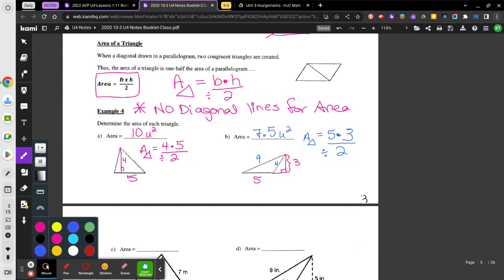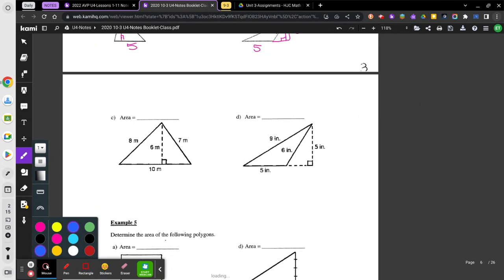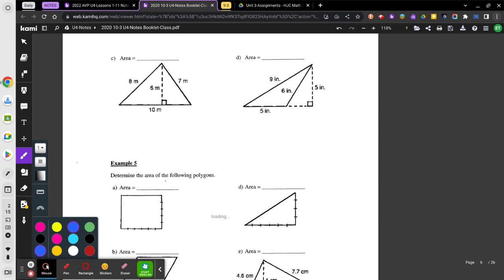Turn your page. We're almost done this one. So again, on these triangles, the first thing you do with any triangle, we are going to cross off the diagonal lines. We never use the diagonal lines. We only use the base and the height, never the diagonals. So this one, I'm going to take 6 times 10, divide 2.